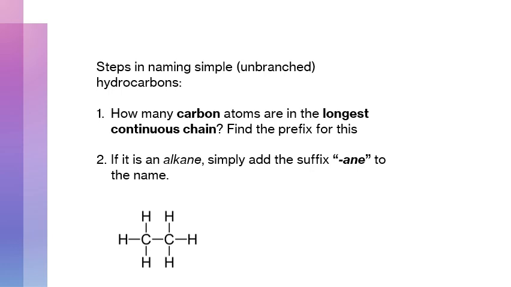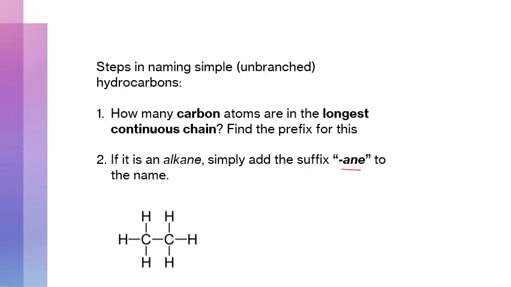We will learn in detail about the branched chains and other functional groups later in those respective chapters. Now we will just learn the fundamentals. First we have to see how many carbon atoms are in the longest continuous chain and find the prefix for that. And if it is an alkane, we just have to add ane towards the end. That simple it is.